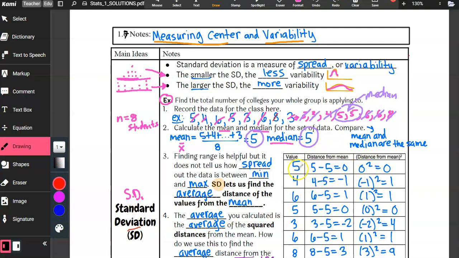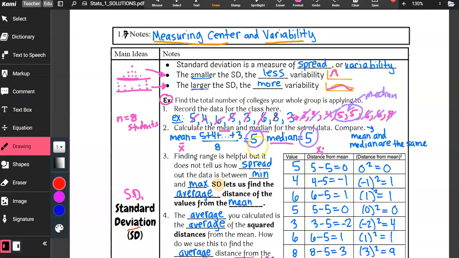So you see here that you put all the numbers going down. Distance from the mean. That means that you take each x with a subscript of i, each individual value from the list, and you ask yourself, how far is it from the mean?